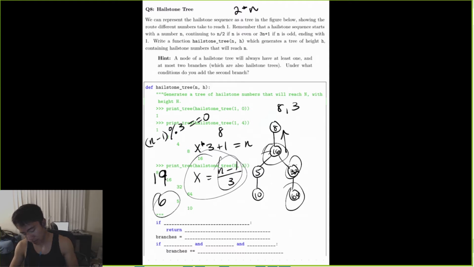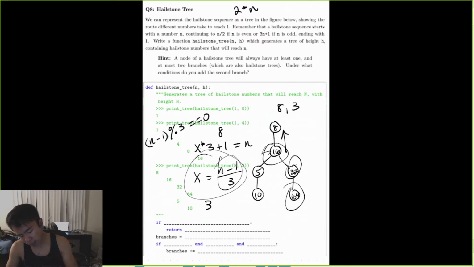But the thing about this is that 6 can't actually get to 19, because the rule is that if it's even, you have to divide by 2. So if we go to the next term in the Hailstone sequence starting at 6, we have to go to 3 rather than 19 because it's even. And so we need n minus 1 over 3, or x, to be odd.